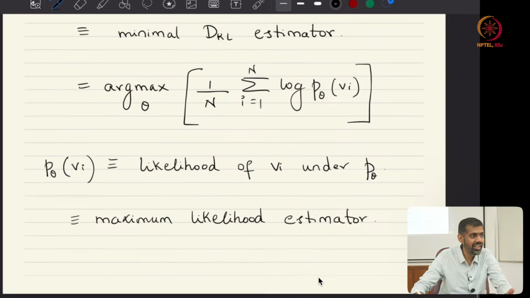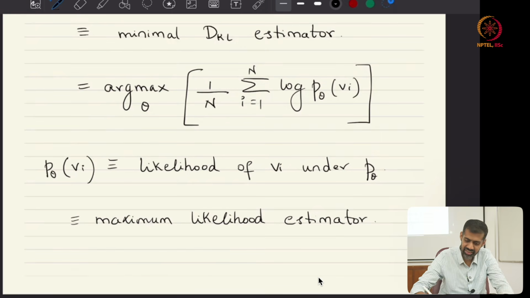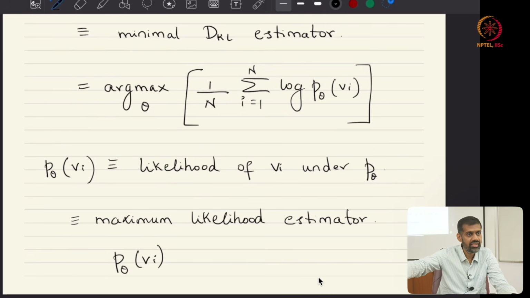I can do the entire math in a different way. So what I will say is that p theta of vi is the likelihood of vi under p theta. So what I want to do is find a theta that would maximize the likelihood for the entire data set. This is for one data point. If I have to do it for the entire data set, what should I do?